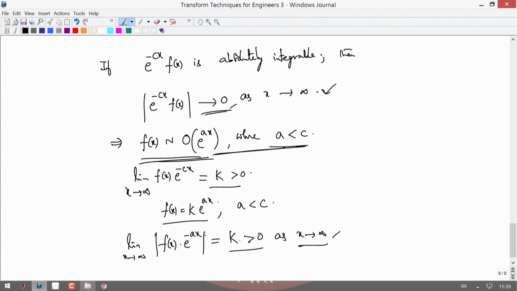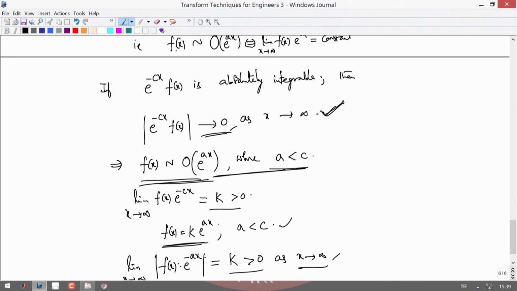So, if you take f of x as k times e power cx, then it converges to a positive constant, but that is not true, it is actually going to 0. That means f of x has to be like this with a less than c. Okay. So, what we have used is that if e power minus cx times f x is absolutely integrable, then this goes to 0 as x goes to infinity.